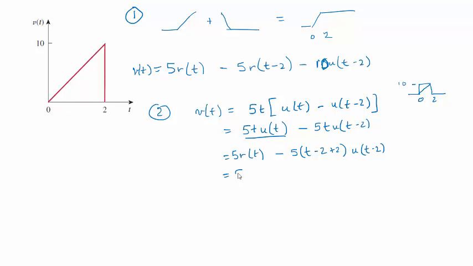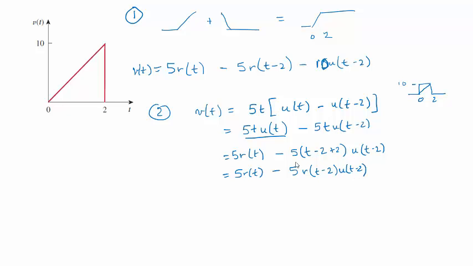And so that's 5 r of t minus 5. And here's where I do my little trick. r of t minus 2, and then I have this other 5t minus 2 times u of t minus 2.